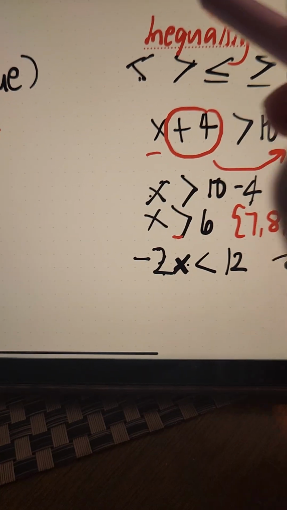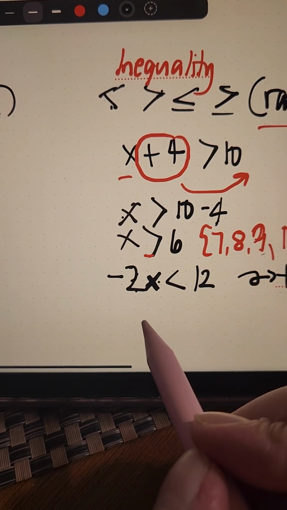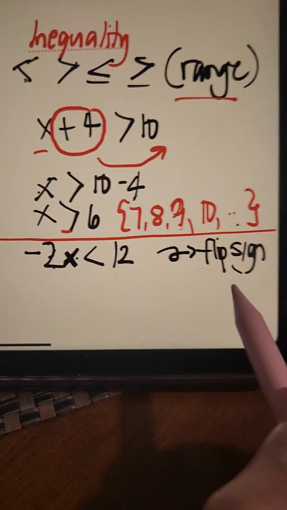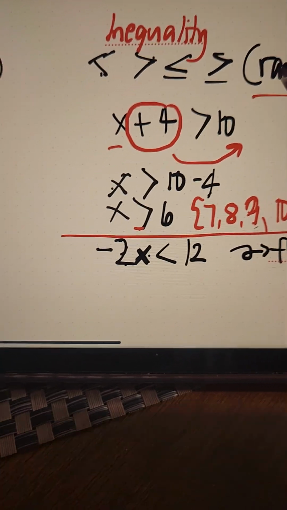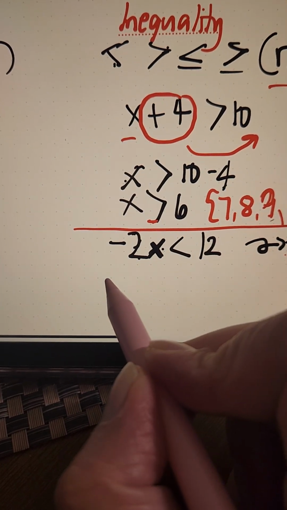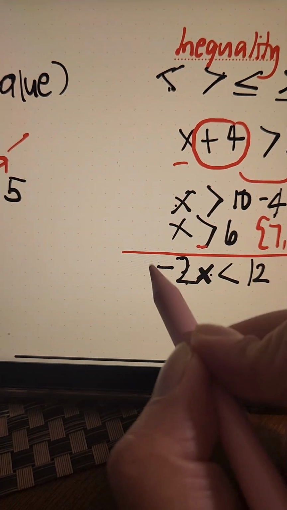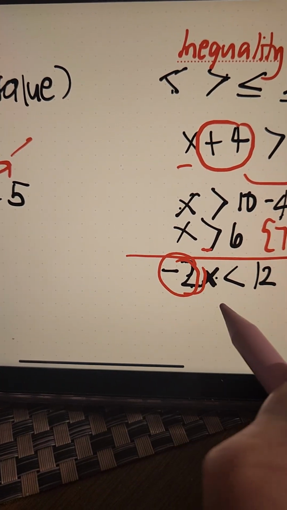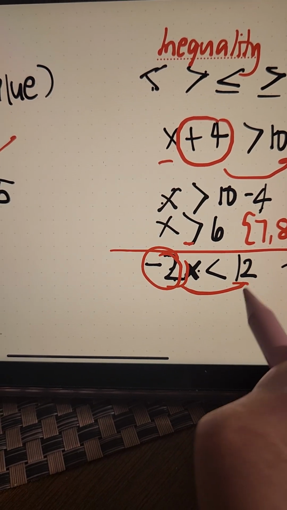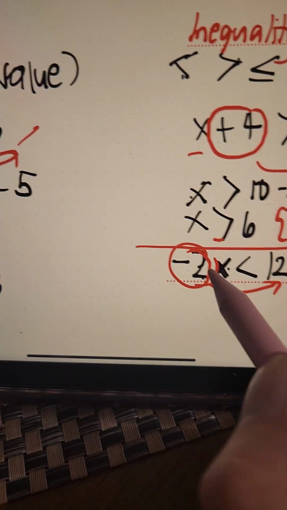Okay? Now, just one note: when we're dealing with negative numbers and we move them to the other side, what happens is the sign gets flipped. What do we mean by that? It's a special rule, no? So let's take for example this one. This negative 2 is multiplication. Okay? So when we move it to the other side, it will become division, because multiplication becomes division. The negative stays as is.